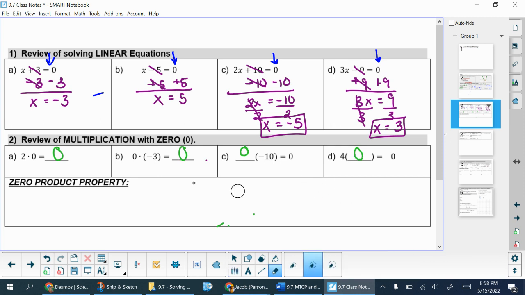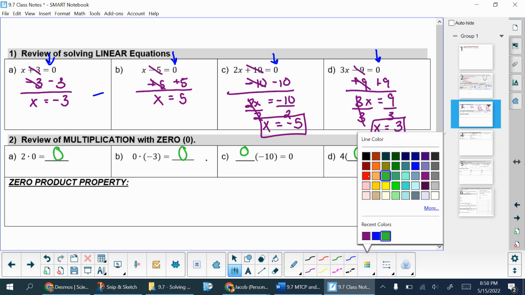So this leads us to this really big idea in math. This is something that is super important in algebra and even going all the way up as far as you want to go in math into calculus and beyond.